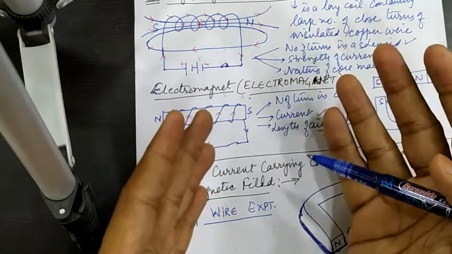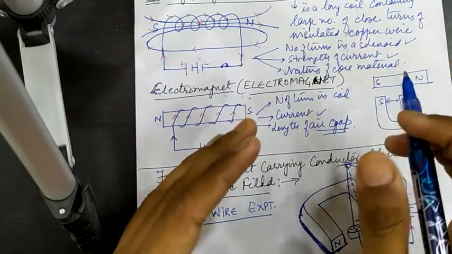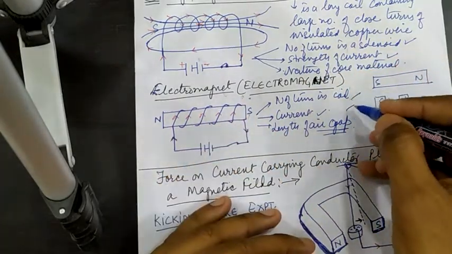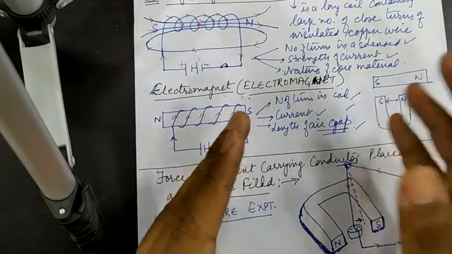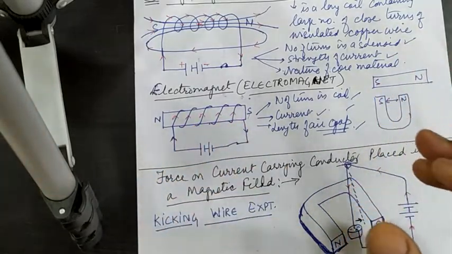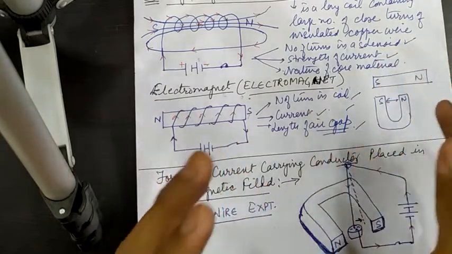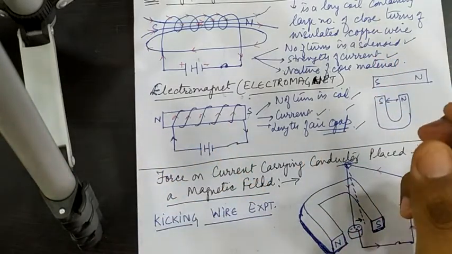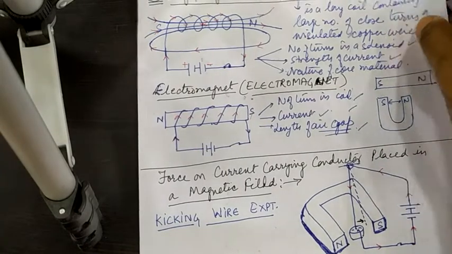The strength of a permanent magnet cannot be changed, but the strength of an electromagnet can be changed by these three concepts. Obviously, the polarity, that is the north-south direction, of a permanent magnet is fixed and cannot be changed, but the polarity can be changed in an electromagnet by just changing the direction of current, which changes the north-south directions of the electromagnet.